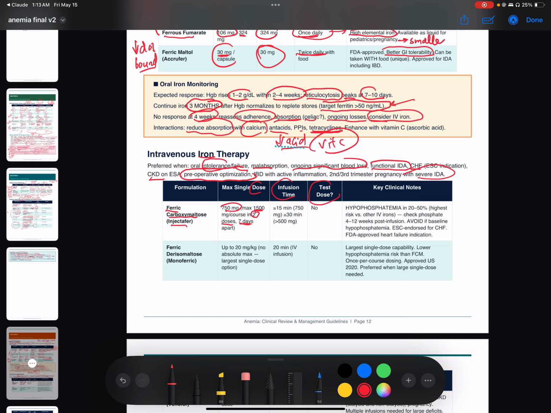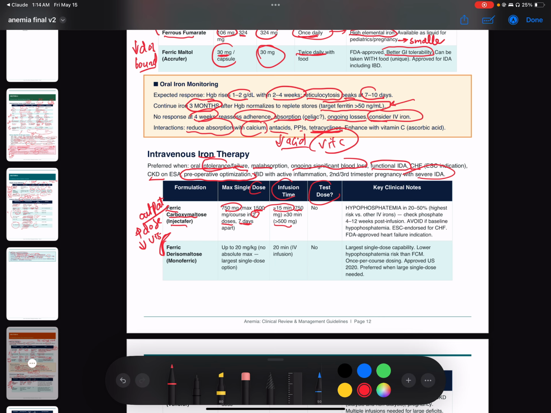So this is really good in the outpatient setting, because you can give a higher dose with fewer visits. For the infusion time, if you are giving 750, it's usually more than 15 minutes. The 500 can have a longer infusion time just because of the dilution when they dilute it with fluid.